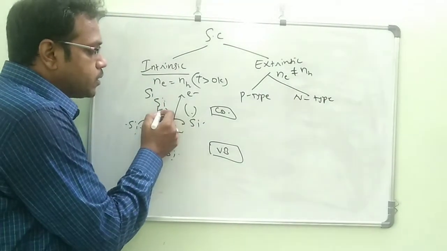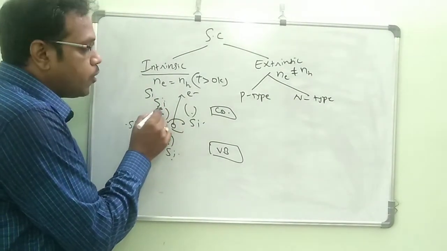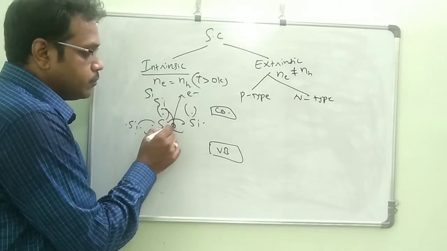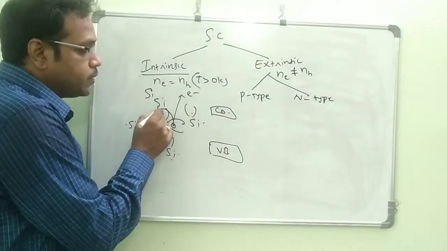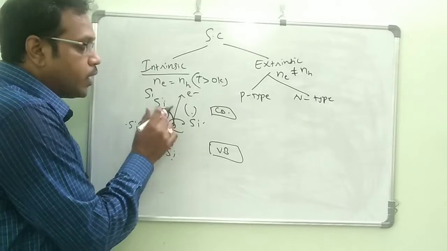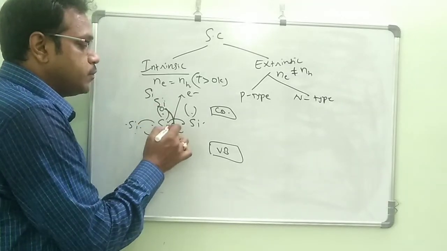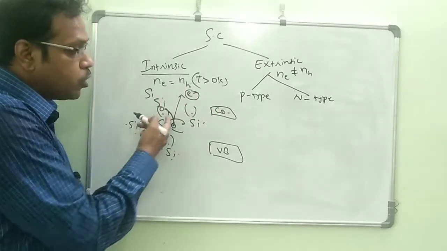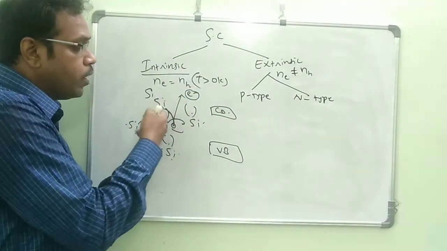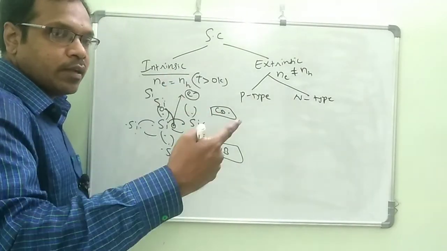And now there is a chance of jumping in this one. That is, this electron can jump into this one, so that here a hole will come and here the electron will come. So that electrons and holes will be equal. One by one they will jump here.